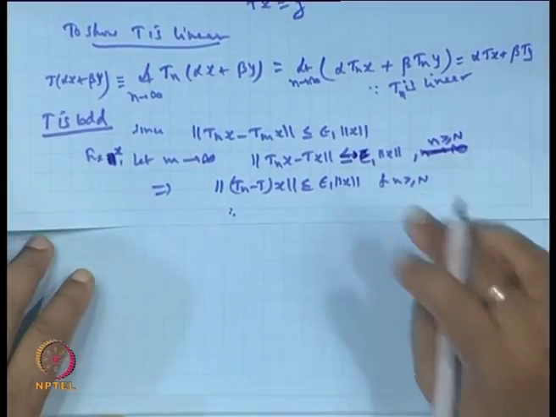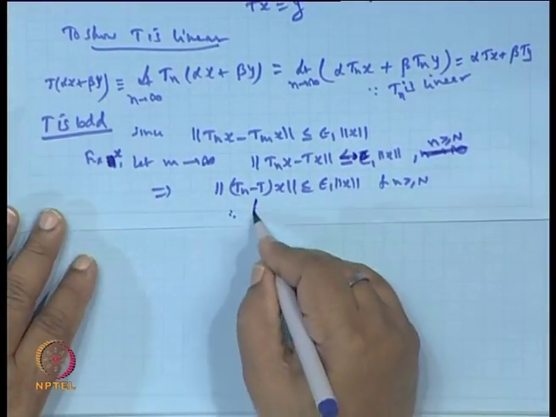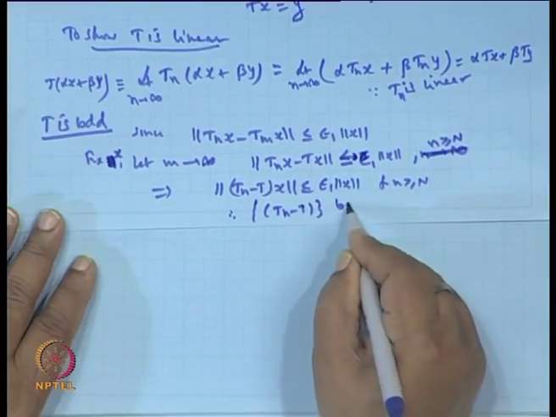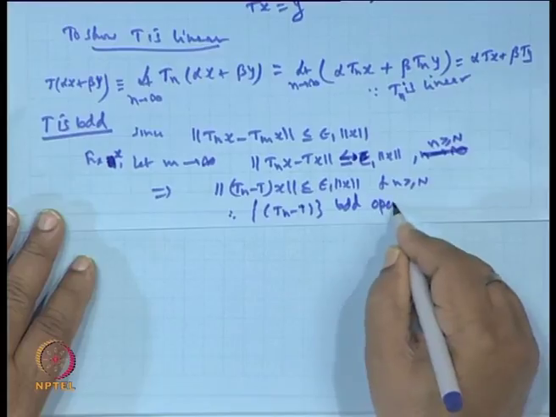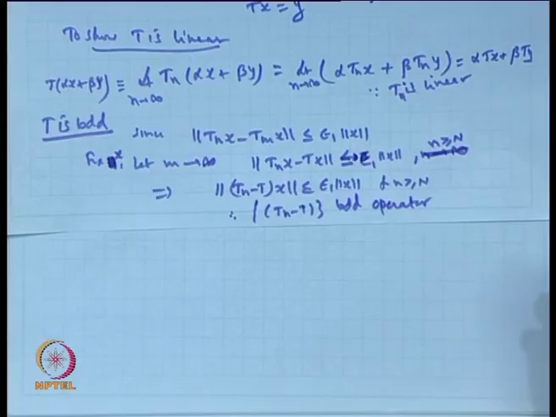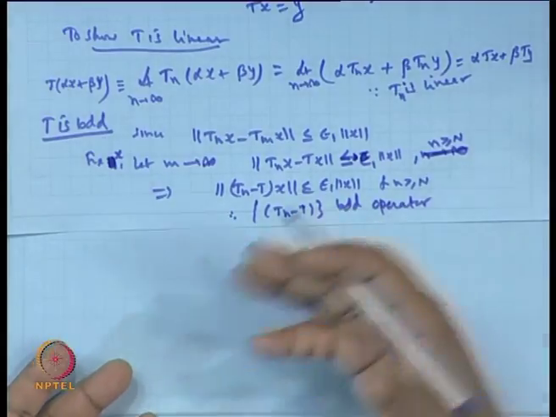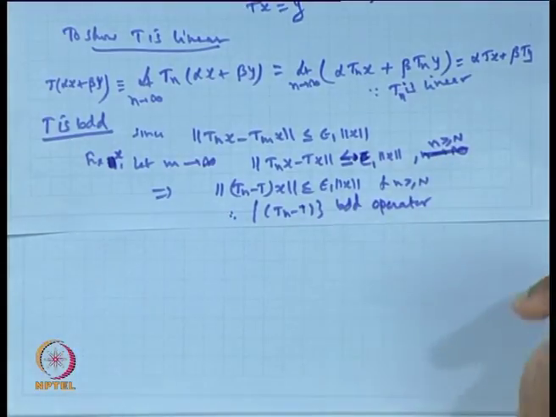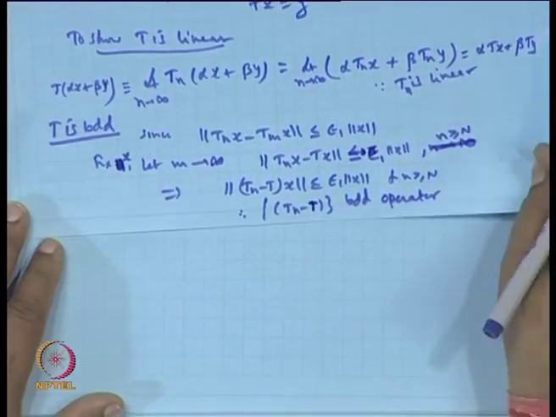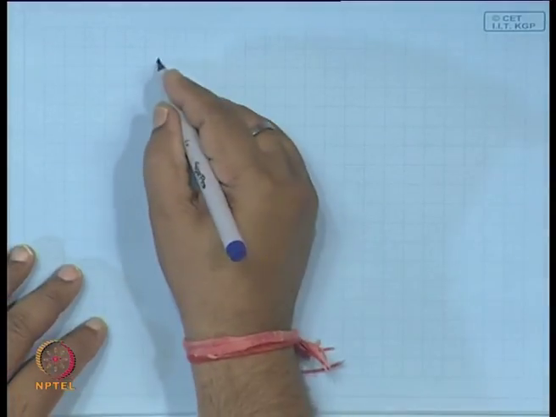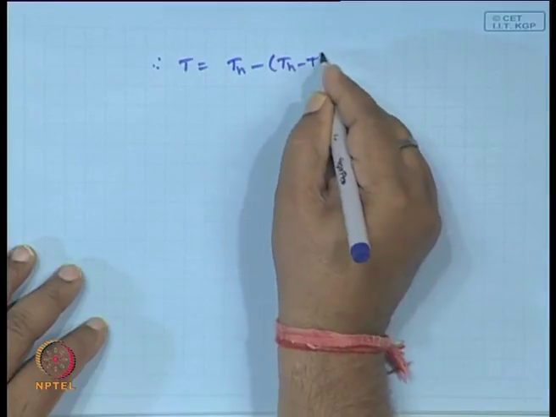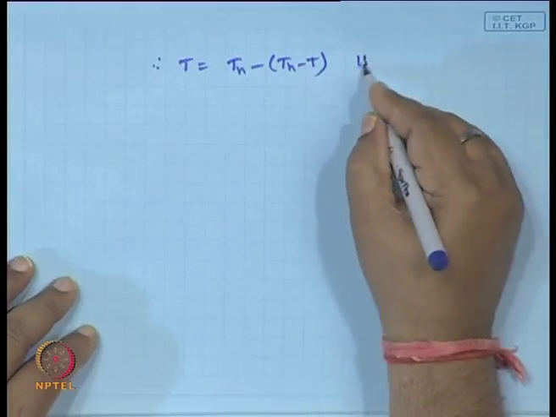Now, can you say this Tn minus T is a bounded operator by definition? Norm x, okay, so some constant. So it is a bounded operator. Once it is a bounded operator, therefore T, which can be expressed as Tn minus (Tn minus T), is a bounded operator.